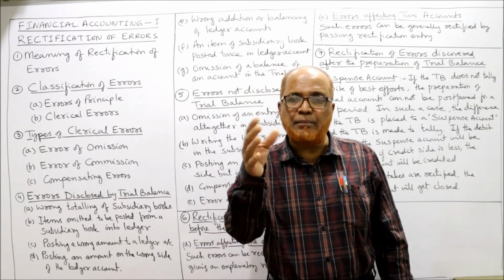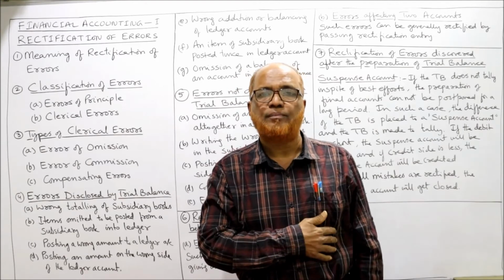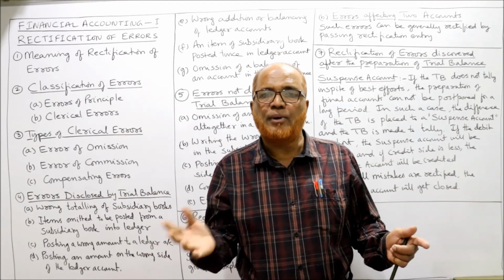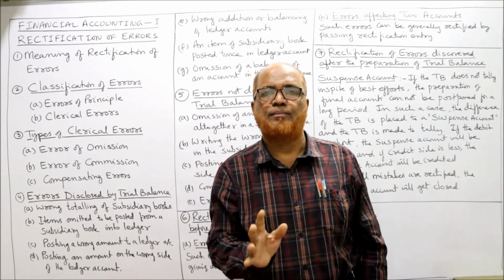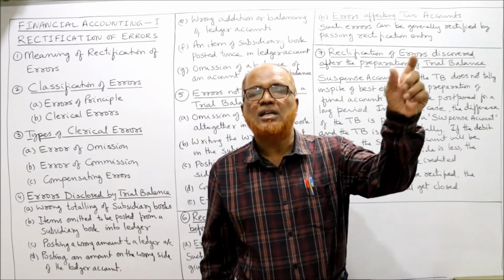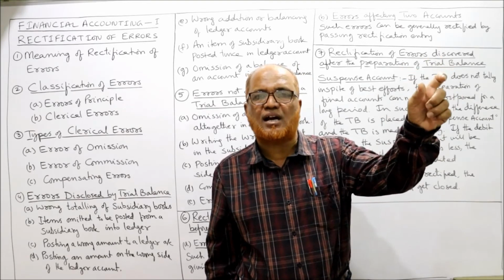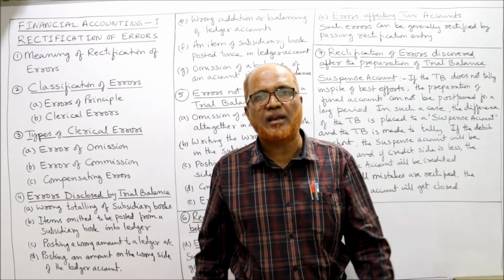The accountant has by mistake credited Y's account. He should have credited X account. Your trial balance will agree, because the trial balance will see whether the debit and credit are same or not. Here the amount is same. But instead of crediting X's account, Y's account is credited. Your trial balance will agree.